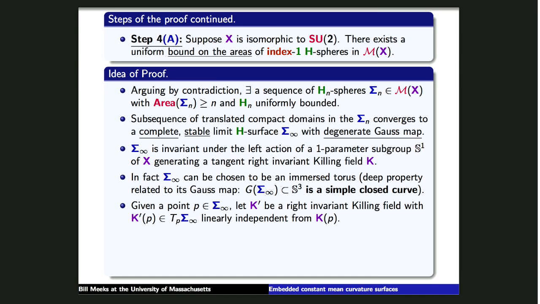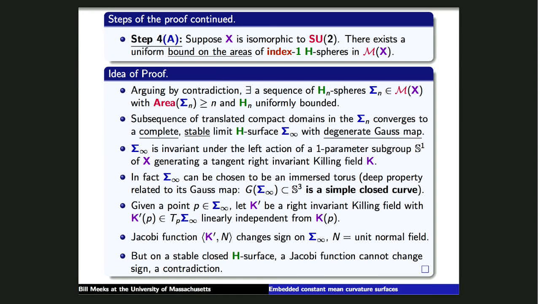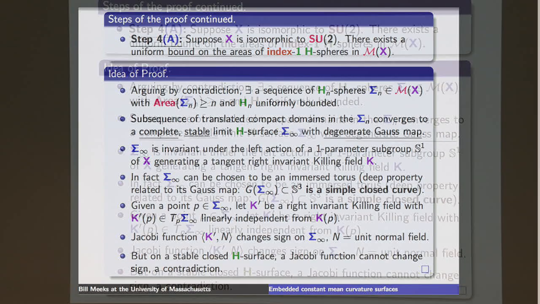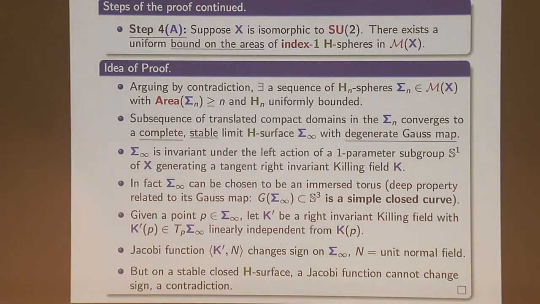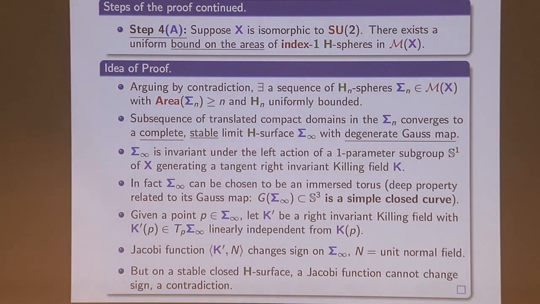It's linearly independent, so it's a different vector at that point. And now you create this Jacobi function, which is a standard thing. The Killing field inner product with the normal, and I get a Jacobi function which changes sign. And that's a contradiction because we said the surface was stable.